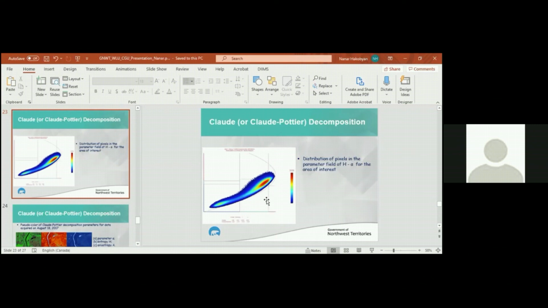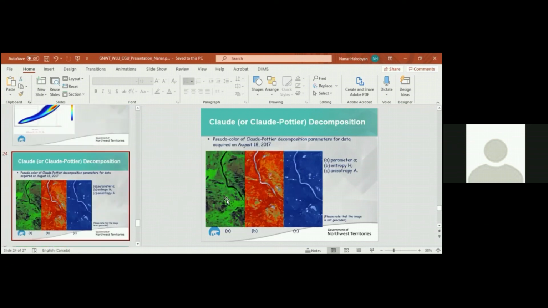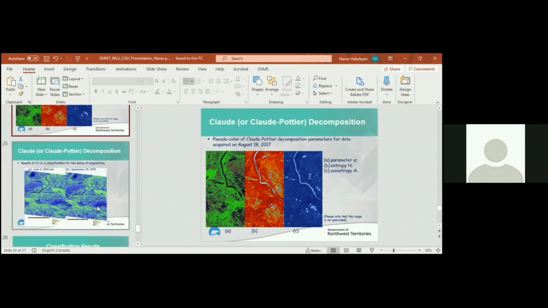Depending on the area of interest, we may have completely different distribution of scattering. For instance, this shows the pseudo color of Cloude-Pottier decomposition parameters for the data acquired on August 18, 2017. You will see that alpha is the parameter alpha, H is entropy, and A is anisotropy for the same area.